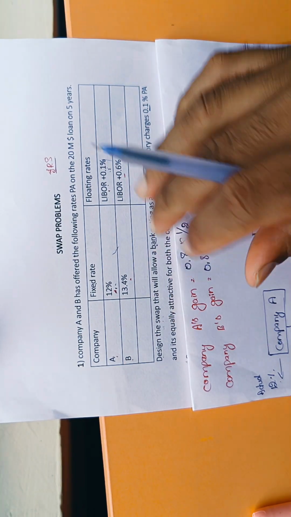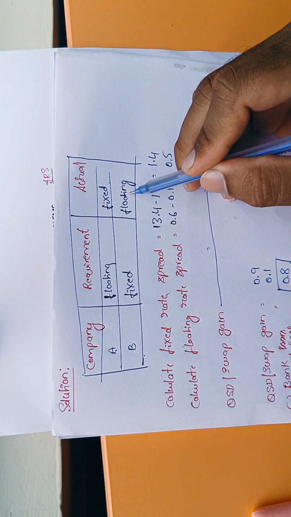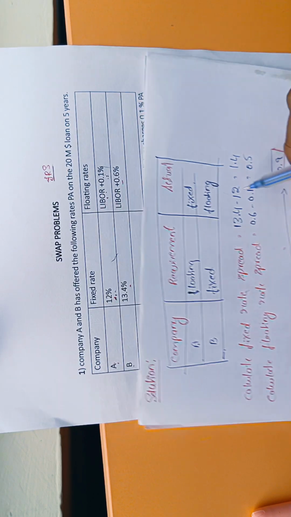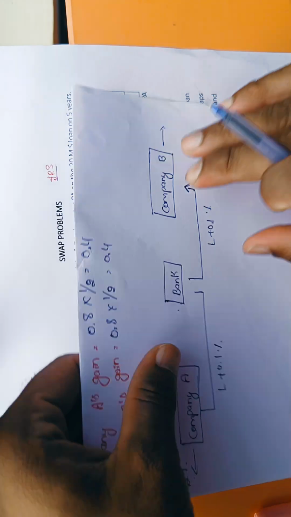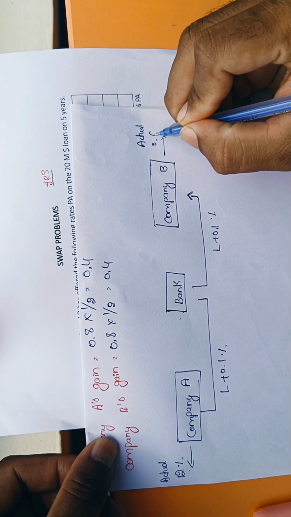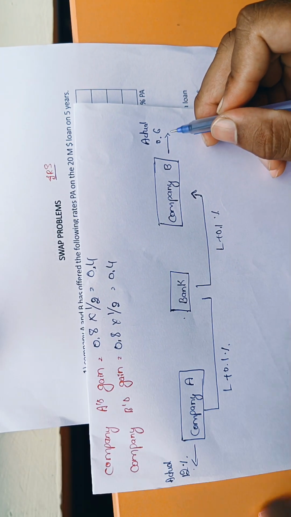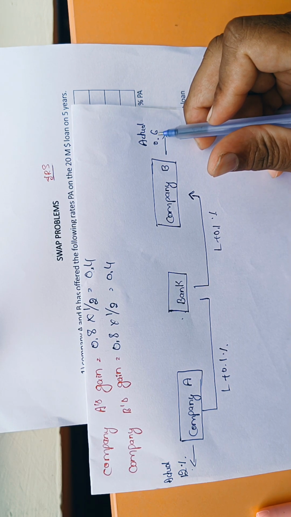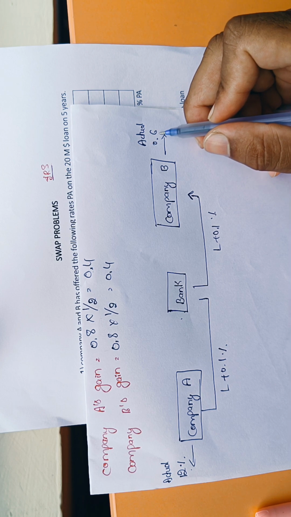Coming to company B. Here company B is actually paying floating rate. Floating rate in the sense it is paying 0.6. Right, the same here, the actual 0.6. This 0.6 is nothing but floating. But company B wanted fixed, but it is paying 0.6 floating.